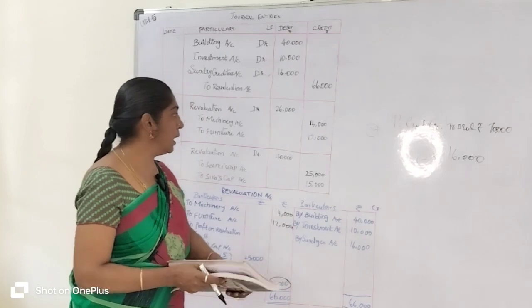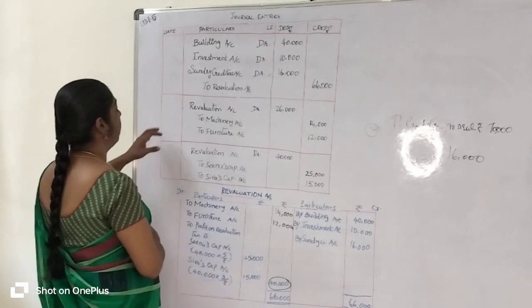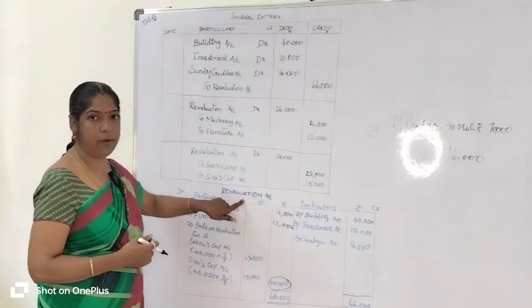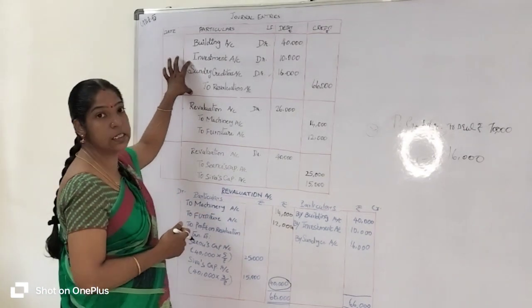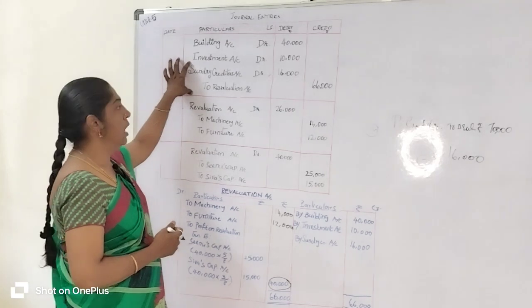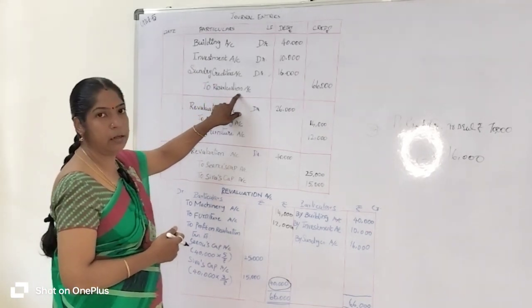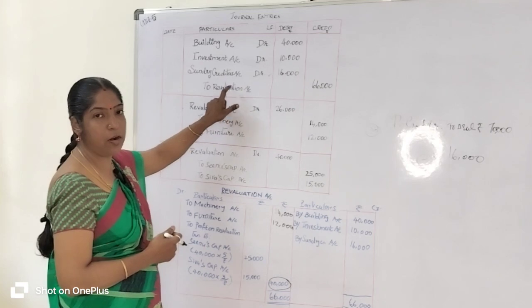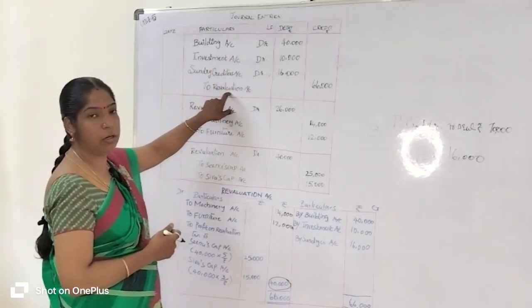Okay. Listen. Here we have to check. We are going to prepare the revaluation account. Got it? So where is the revaluation account in the first transaction? Revaluation account is on the credit side.